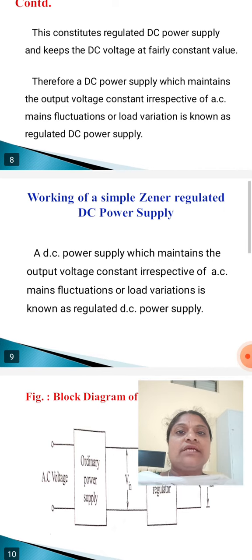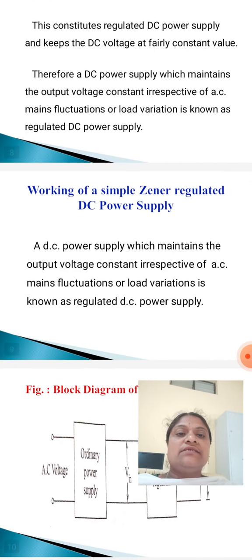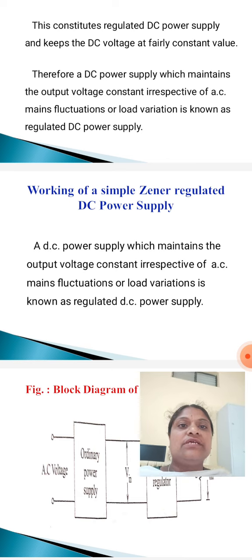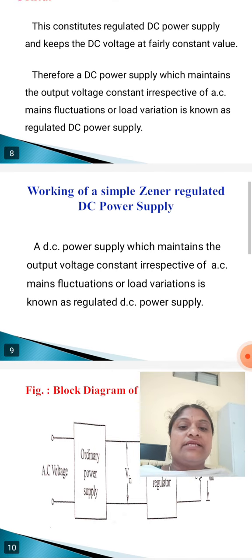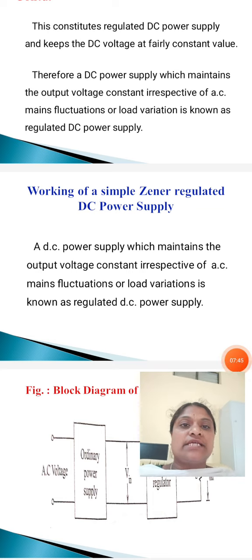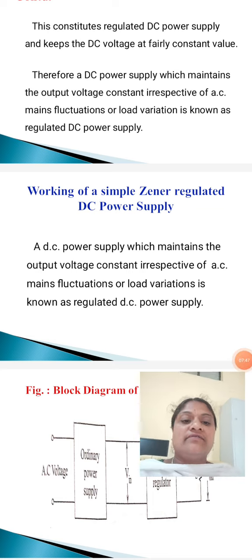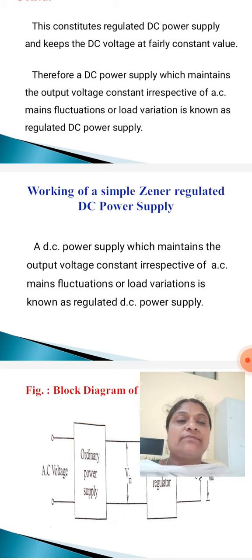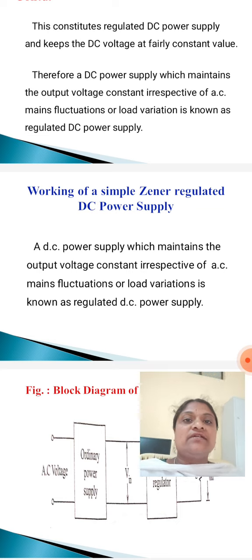Next, voltage regulating devices constitute a regulated DC power supply, and keep the DC voltage at a fairly constant value.